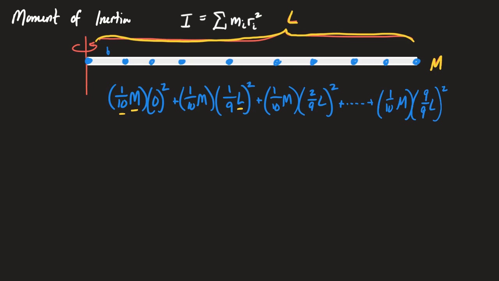So I can factor out from all of the terms 1/10 m L squared, because the L's are all squared. Is that okay? No trouble with that? I can factor something else out. Every term has a 9 in the denominator, but it's squared, so I'm going to factor out 1/81.